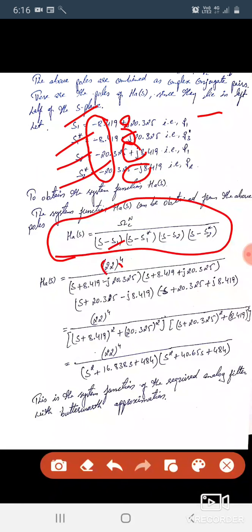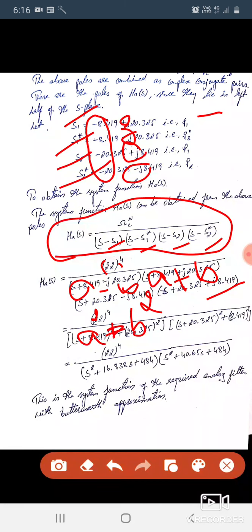Same thing you substitute in the given equation for s1 star, s2 star. Then you will get this. Solve for this using (a minus b)(a plus b) equals a square minus b square. Same also here. Use the same, calculate for this, and you will get the result.